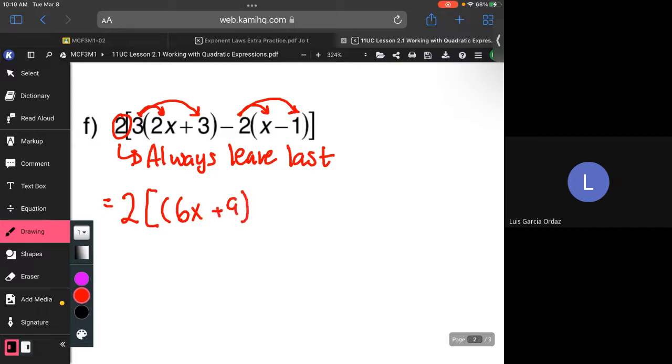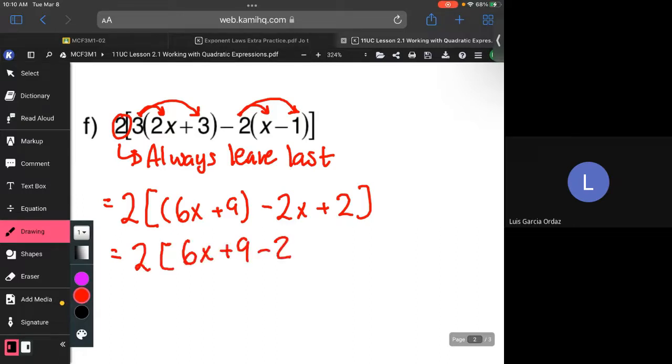All right. Now if I distribute my negative 2 into x minus 1, what do I get? Negative 2x plus 2. So I'm left with 6x plus 9 minus 2x plus 2.